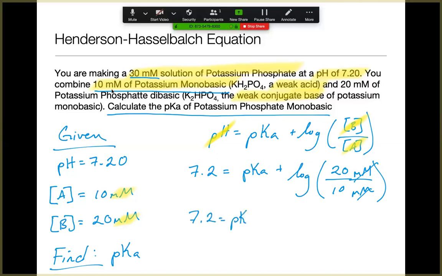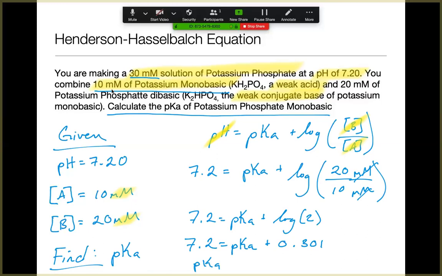So if I take the log of 2, log 2 is this number. So I have pKa plus 0.301.